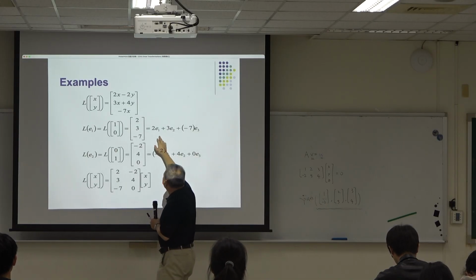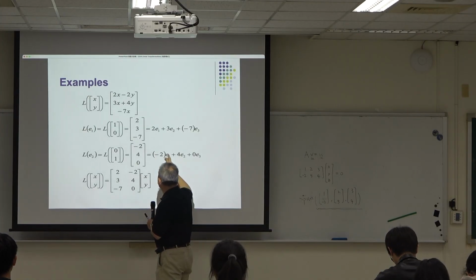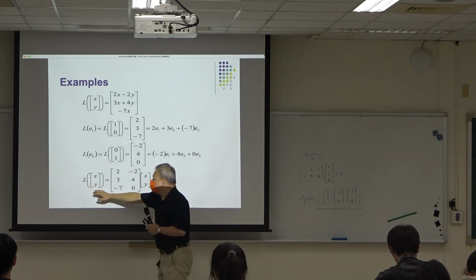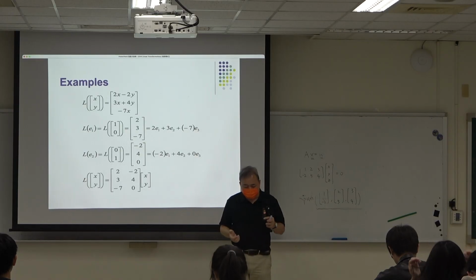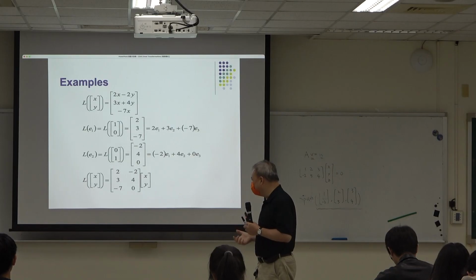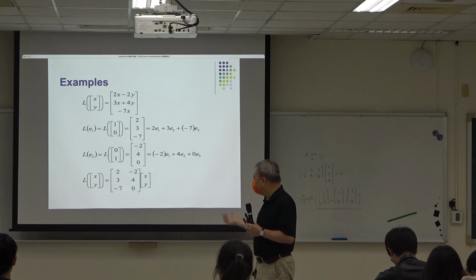So you see 2, 3, negative 7 here, and negative 2, 4, 0 here. This represents how we map from the standard basis of the two-dimensional space into the standard basis of the three-dimensional space. Okay, this is a linear transformation.